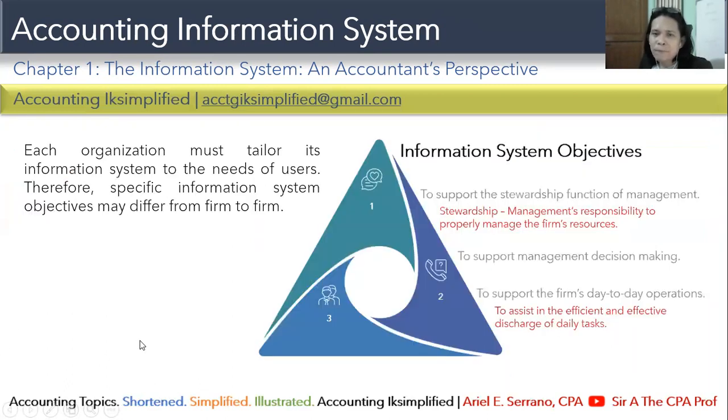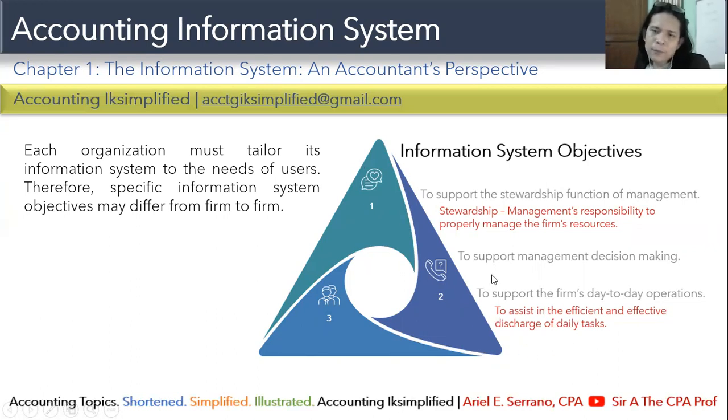Okay. Now, as last slide of this video lecture, the information system objective is presented here. Number 1, to support the stewardship function of management. Number 2, to support management decision-making. And number 3, to support the firm's day-to-day operations.